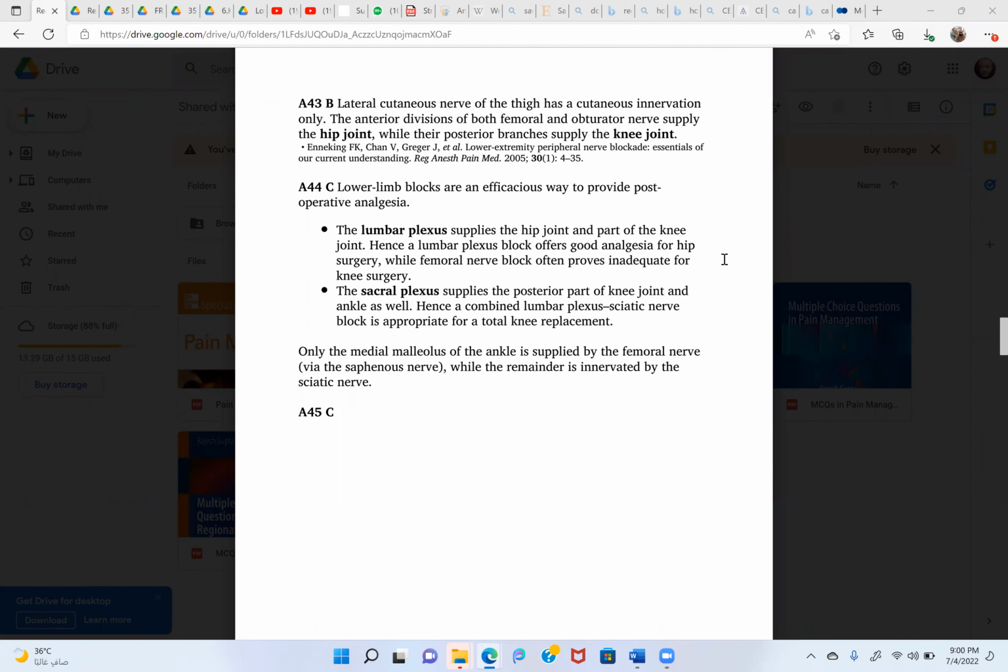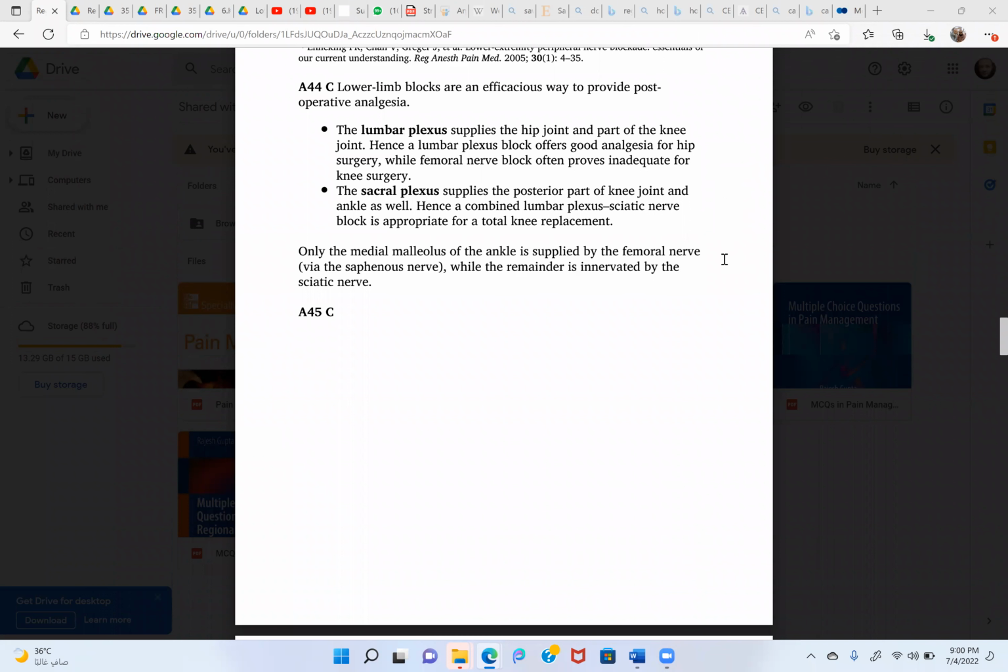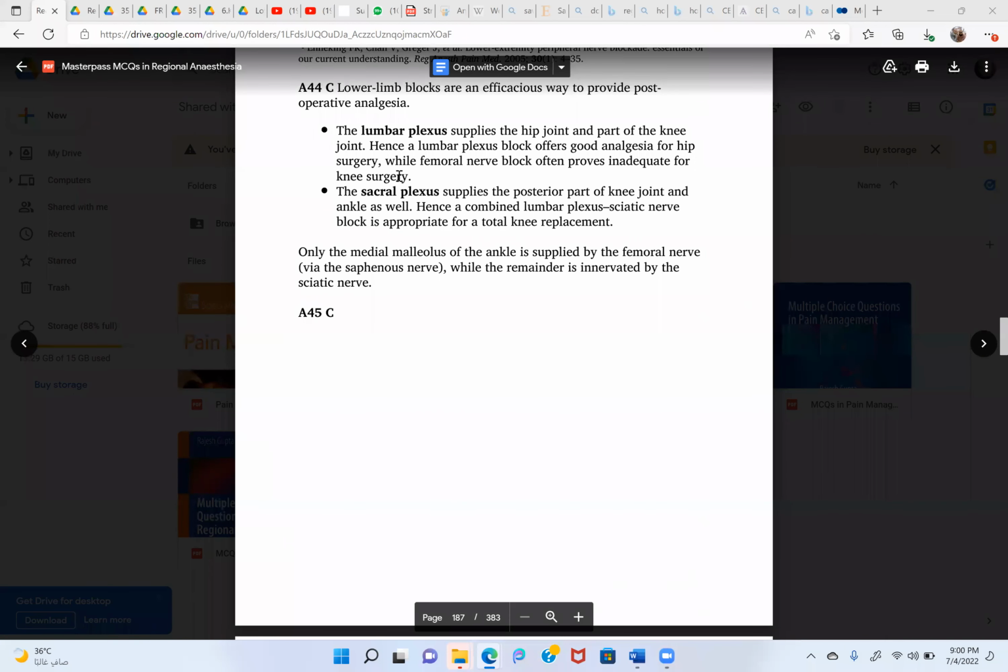Total hip replacement under lumbar plexus block. It was for analgesia, basically. It was done in a prone position. Because it may need experts, and it can cause bleeding, it's not a very common block to be done everywhere.